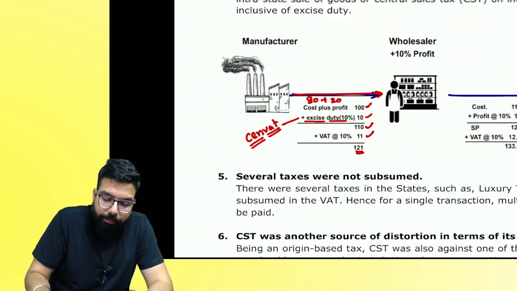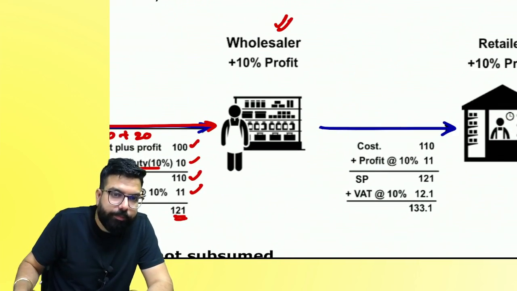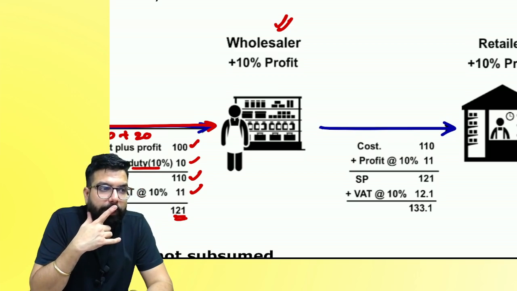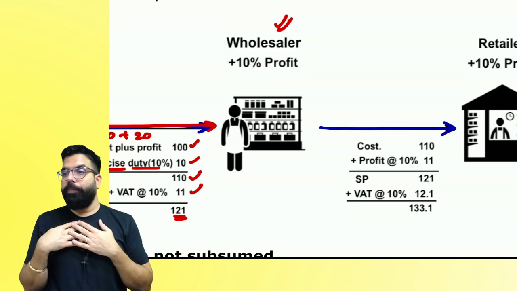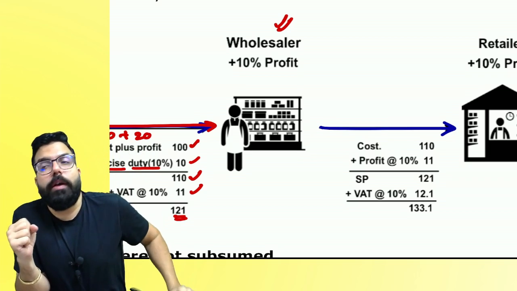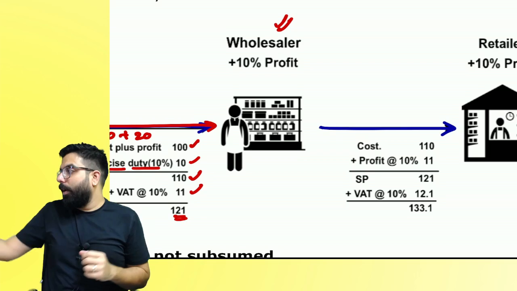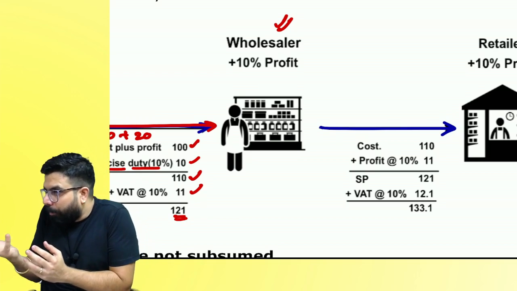You know what happens? This shopkeeper, when is he a consumer? Is he a consumer? When you are not a consumer, whatever tax you pay, what does a shopkeeper do? Whatever taxes he has paid, see, I bought the goods from you, I paid 10 rupees to you.